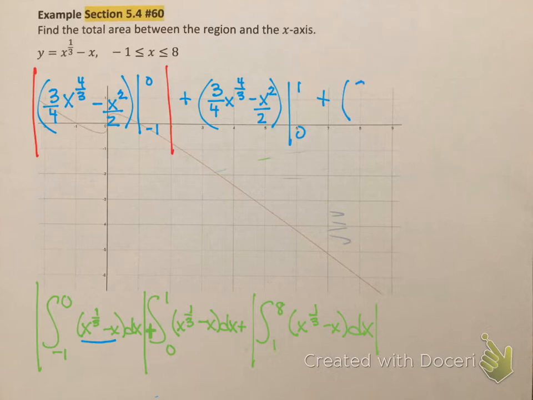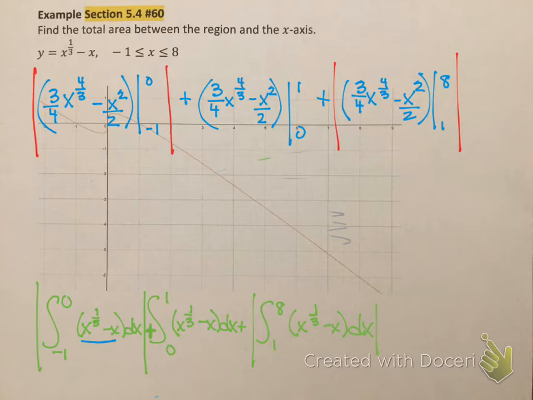And I am adding to that the exact same integral again from 1 to 8. And this one, I did need absolute value bars on. So let's do one line of work, and then I will stop and give you the answer.